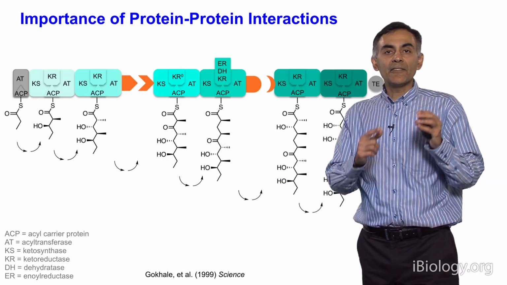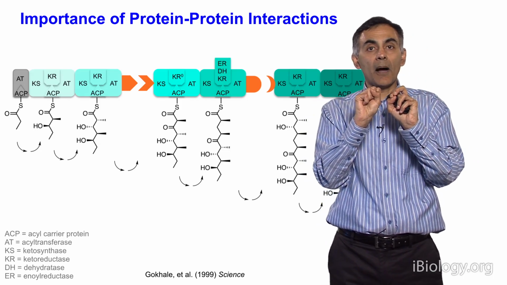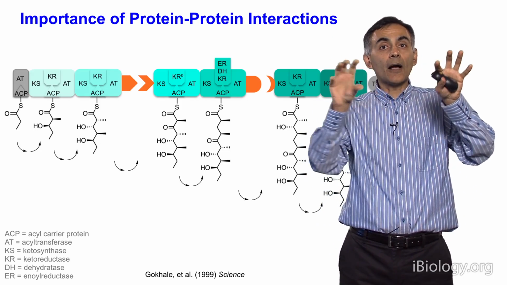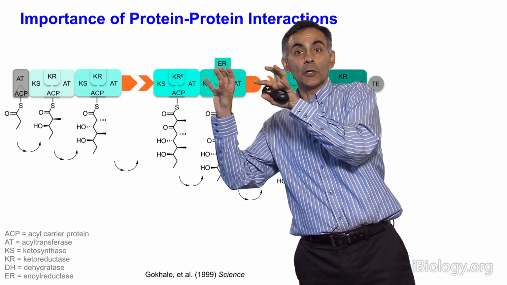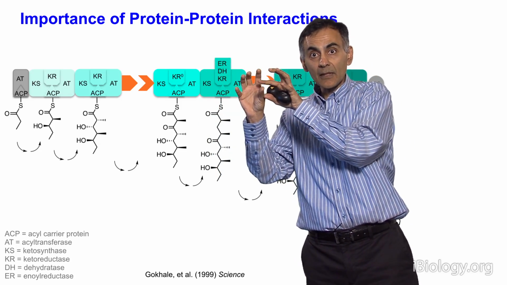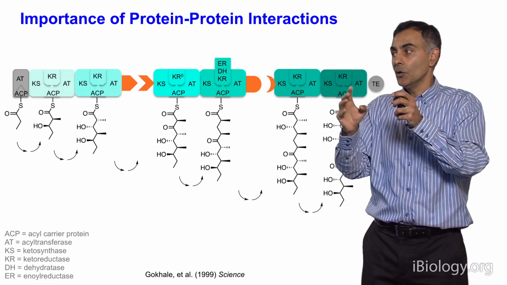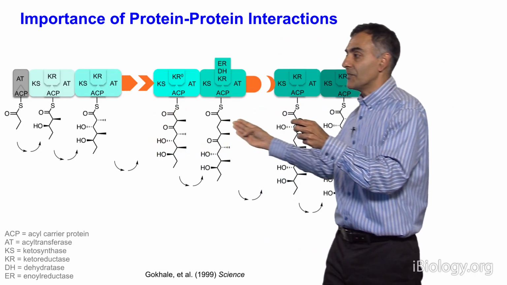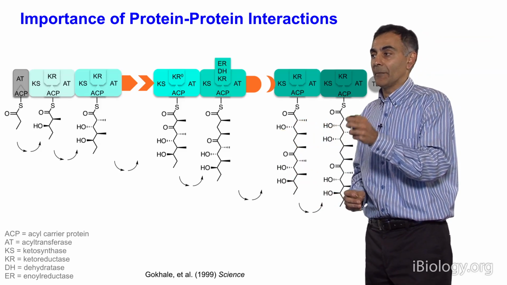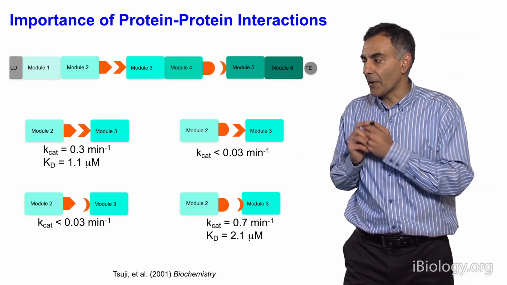So you have these docking sites that exist between modules that are orthogonal to the core modules that are doing the actual enzymology, that allow two modules to come together so that you have this directionality that is established. How do we know that? We know that through experiments like this.